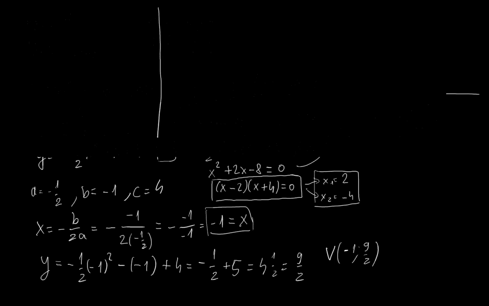Okay, so here is our Cartesian coordinate system. This is y and this is x. Now we know that the abscissa of the vertex point is minus 1, so this is going to be minus 1, and it's 4.5 high. Okay, this is going to be 5.